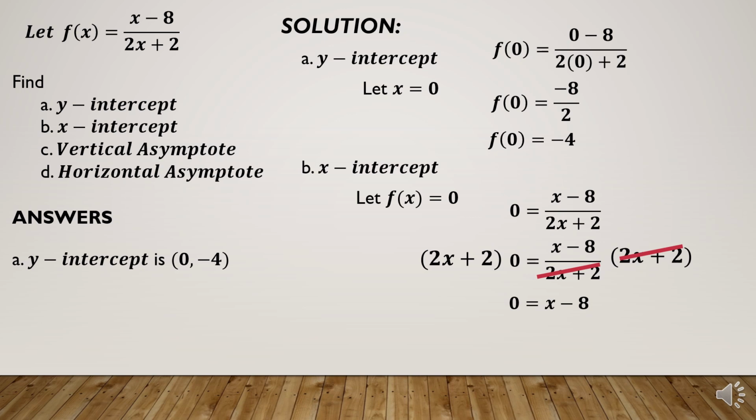Then after that, we can find the value of x by transposing either a constant or the variable to the other side of our equation. At this time, I will transpose negative 8 on the other side. So we have 8 is equal to x. Therefore, or it is just the same, x is equal to 8. So the x-intercept is 8, 0.